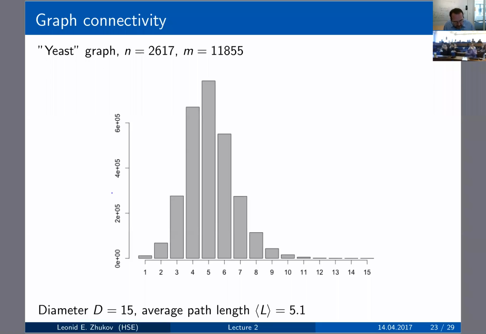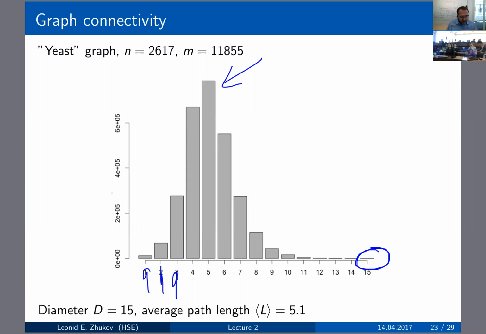And so this is a histogram. If I take all the pairs of nodes and calculate all the possible shortest paths among them, then the majority of the nodes will be connected through 5 steps. There will be some number of nodes connected directly, some connected through 2 or 3 steps, and some that require like 15 steps to get from one to another.